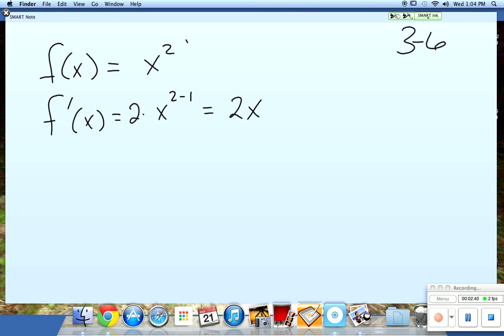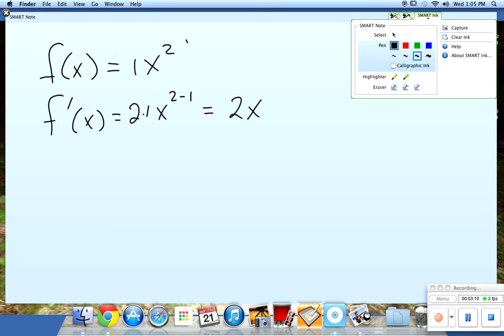Okay, you multiply the exponent times the coefficient out front, and there's a 1 out there. All right, and then you subtract 1 from the exponent. So we would go, this is 2 times 1, right? And then we subtract 1 from the exponent to give us 2x. This is called taking the derivative of it.